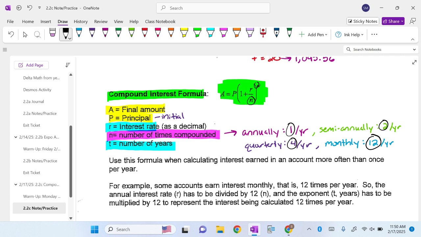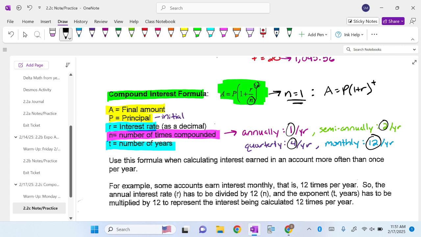R. What's t times 1? T. So when n is equal to 1, we still have A equals P times 1 plus r raised to the t power, or your exponential growth. But that's only when n is equal to 1. Any other number, we still have to use that formula.